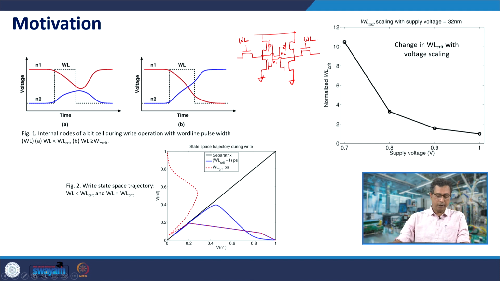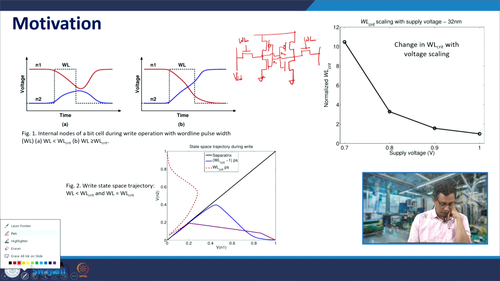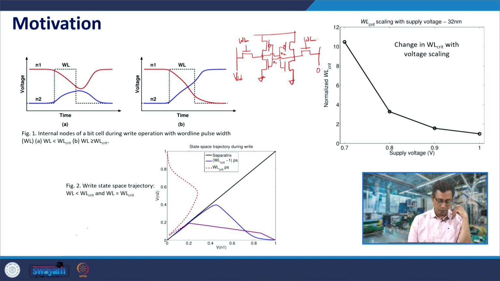Suppose this is N1 and N2 and we are writing. So, how are we writing? We are keeping this at VDD, this is initially, and this we are keeping at 0 for writing.